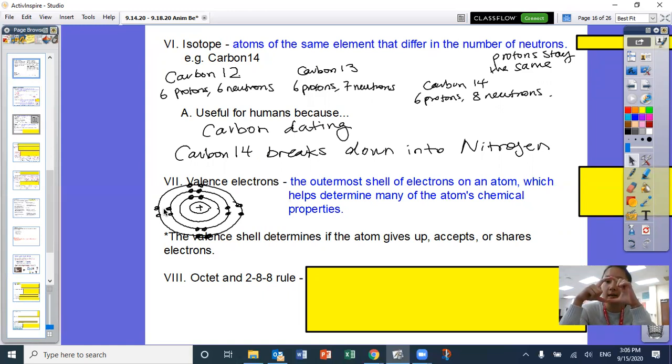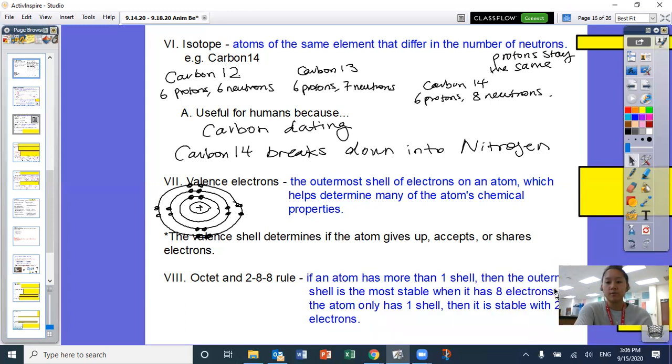So the octet underneath that is stable is revealed and you're chilling, right? If you have less, you're less electronegative because you're trying to give them away. And if you have more in your valence shell, then you have a higher electronegativity and you want the electrons a lot worse. Okay, so again, that's the octet and 2A8 rule.